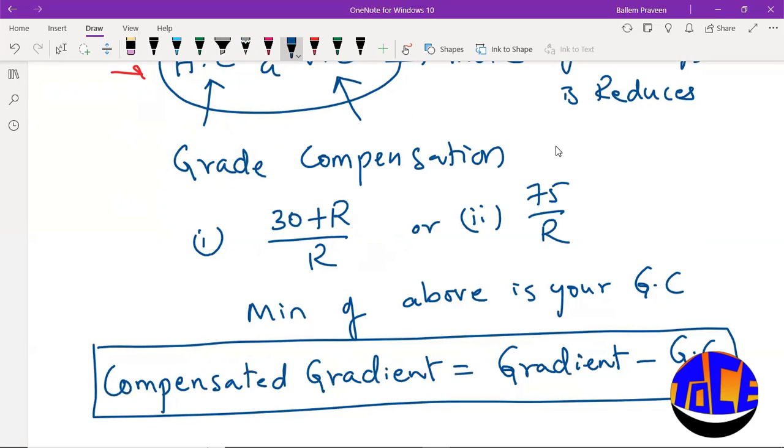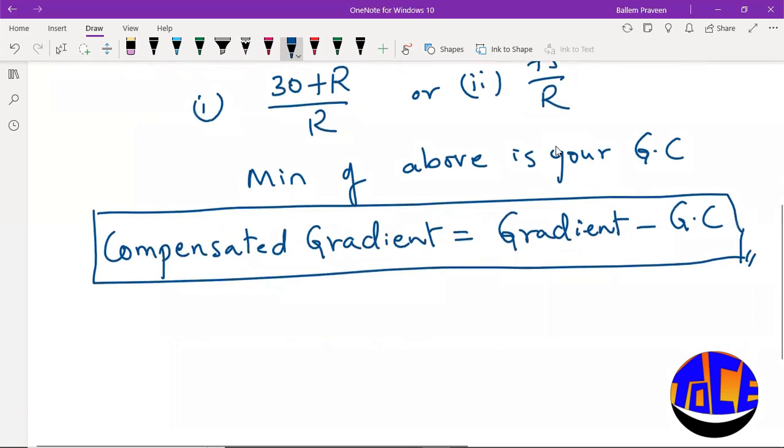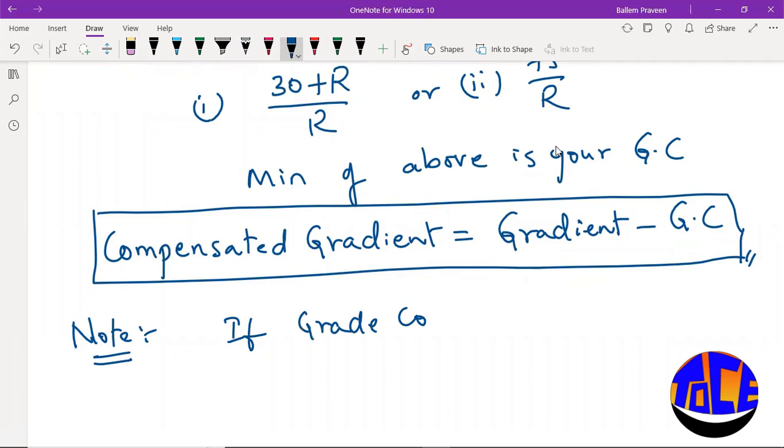కాంపన్సేటెడ్ గ్రేడియంట్. ఓకే, and one important note: the compensated gradient should not be less than 4%.